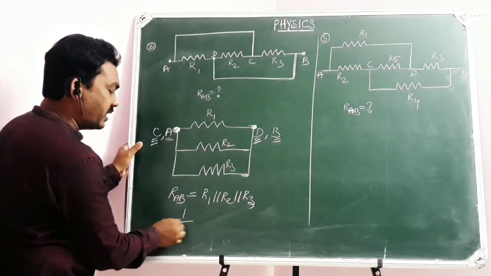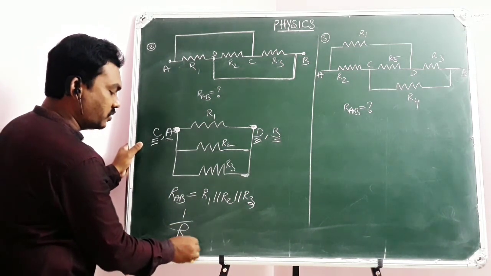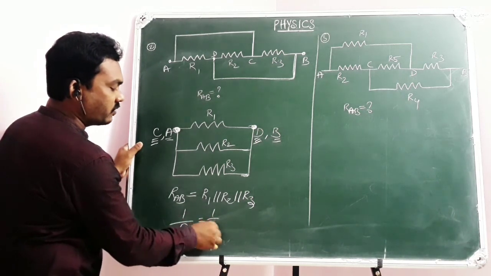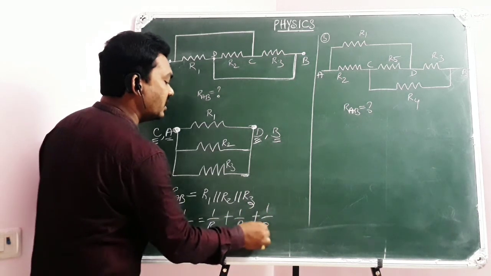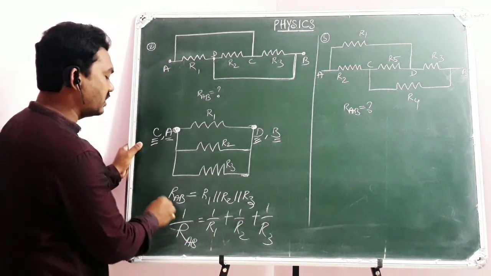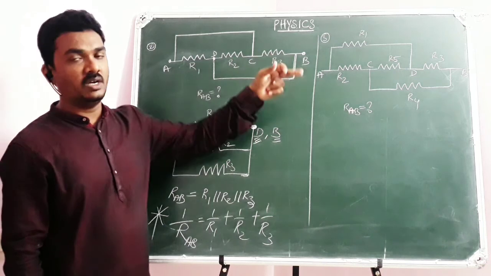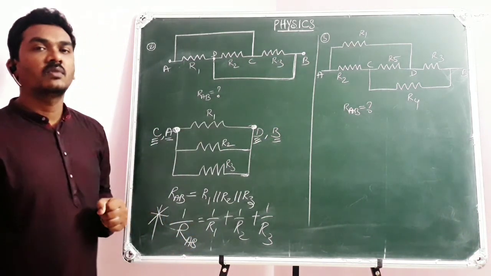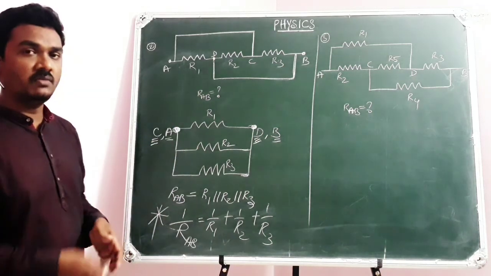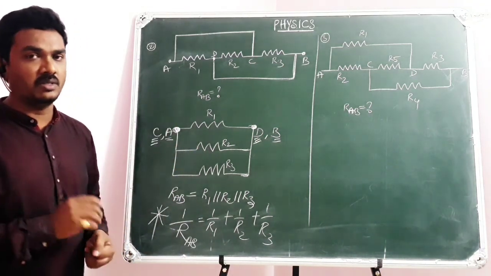That means 1 by Rp equal to 1 by R1 plus 1 by R2 plus 1 by R3. So on seeing the geometrical circuit itself, you should not say all the three are in series, they will be in parallel. So this is one model of question which is a standard question in the competitive exams.